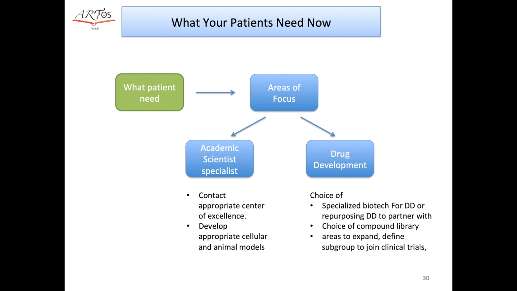From the drug development point of view, it will guide your choice of specialized biotech or pharma to partner with for drug development or repurposing drugs. But it will also guide the choice of specific compound libraries. You might see areas to expand and an opportunity for your patients to define as a subgroup to join clinical trials from other diseases.